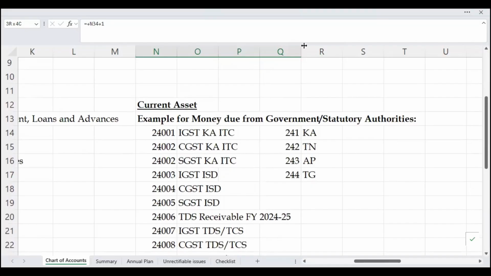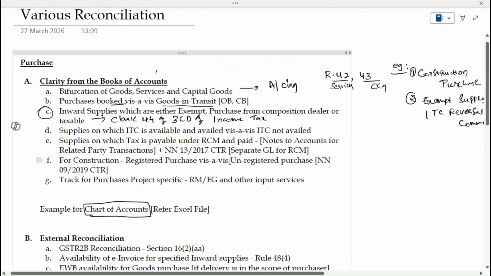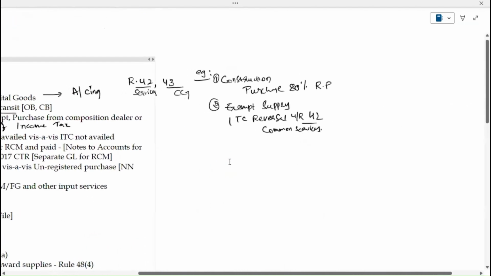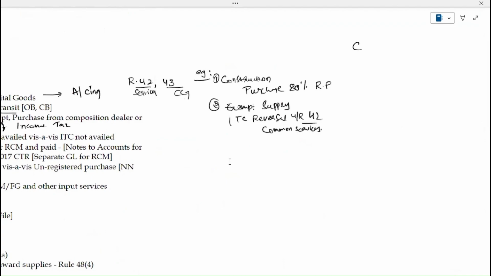Now, to have a better disclosure and to achieve clarity in my books of accounts, I need to have a proper chart of accounts. So I'll just mention over here, chart of accounts.